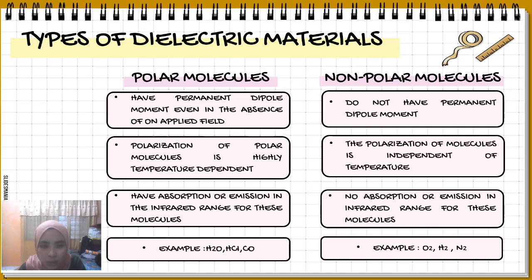Examples of polar molecule dielectric material are H2O, HCl, and CO. A non-polar molecule does not have a permanent dipole moment, and the polarization of the molecule is independent of temperature, and there is no absorption or emission in the infrared range. Examples of non-polar molecules are O2, H2, and N2.